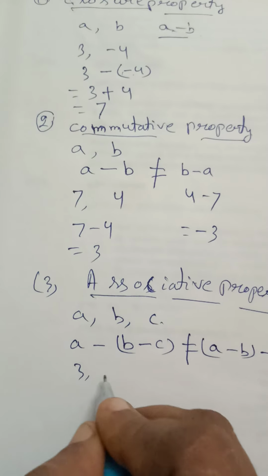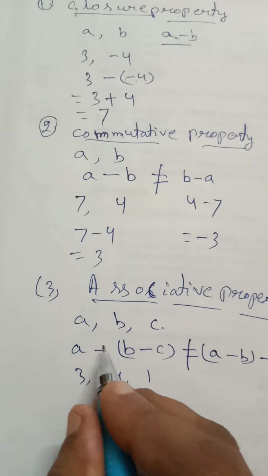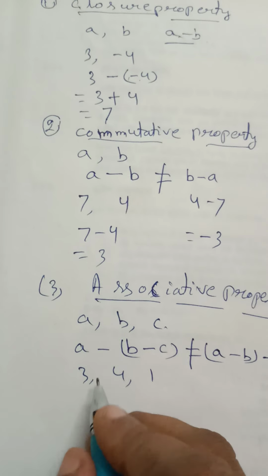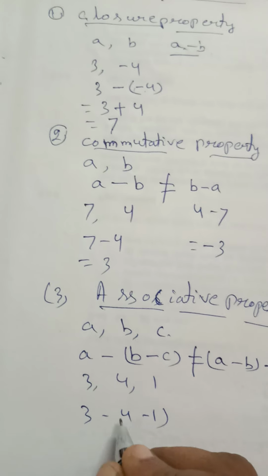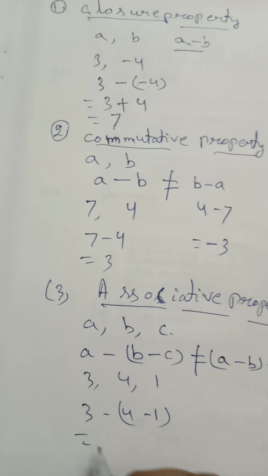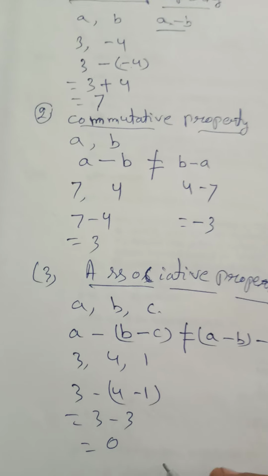Example: a is equal to 3, b is equal to 4, c is equal to 1. Left side we do a minus b minus c, 3 minus 4 minus 1. What is the answer? 3 minus 3 is equal to 0.